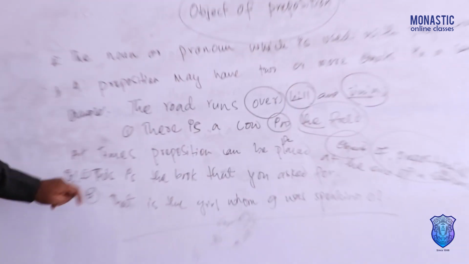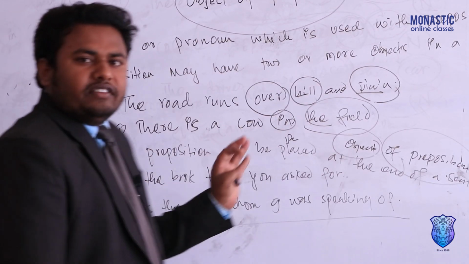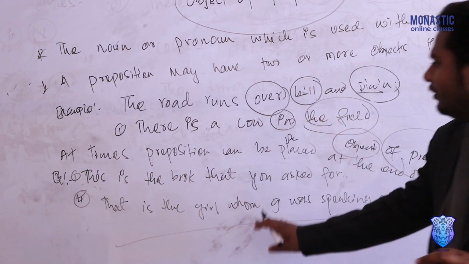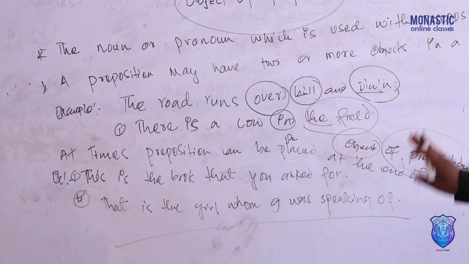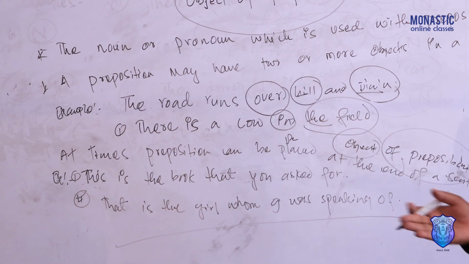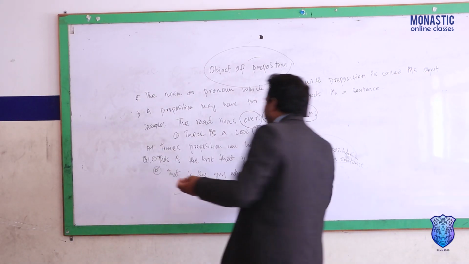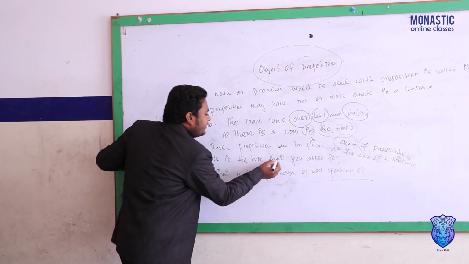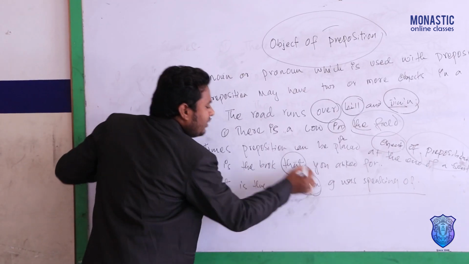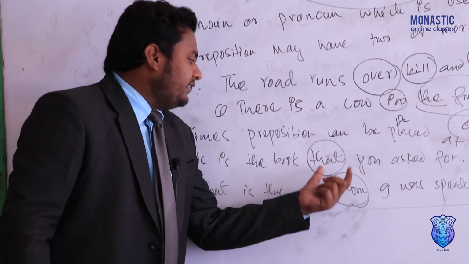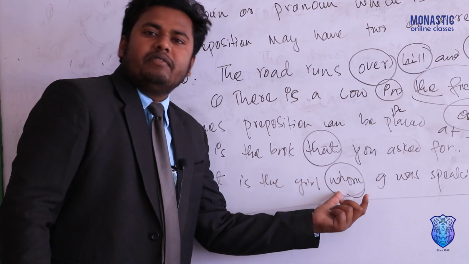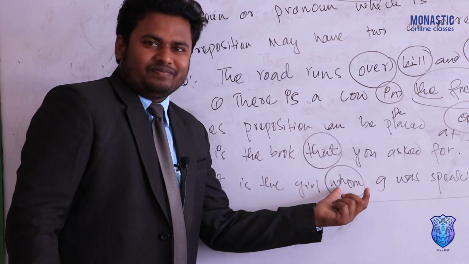Dear students, we can see these two sentences. In these two sentences, the preposition has been used at the end of a sentence. What are that and whom? That and whom are our relative pronouns.